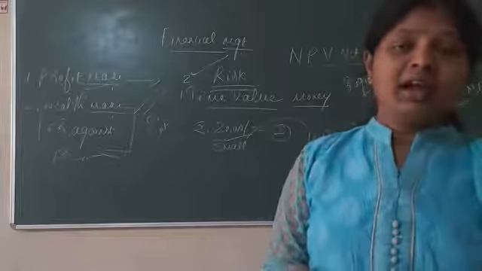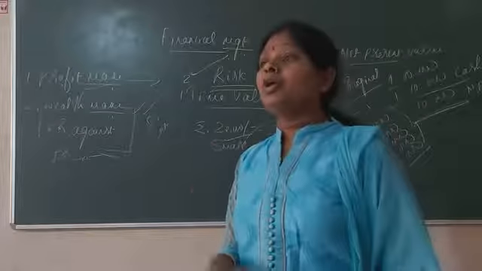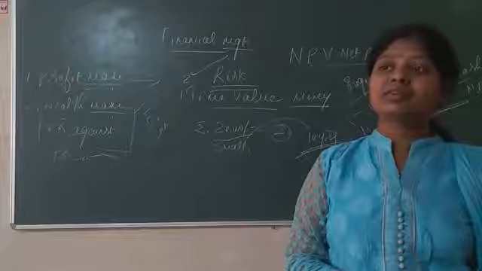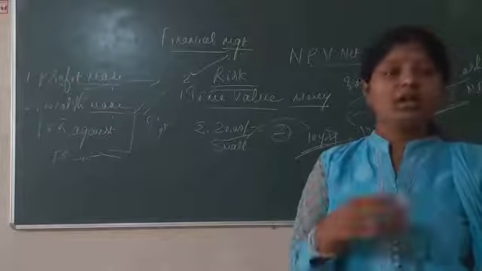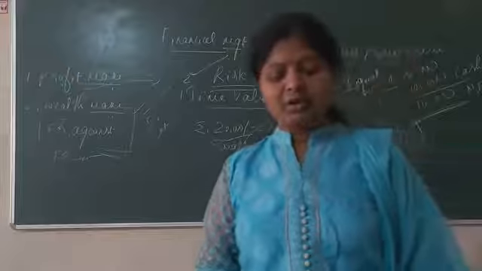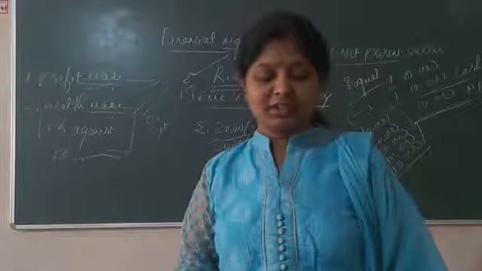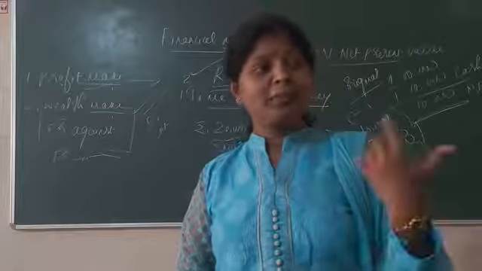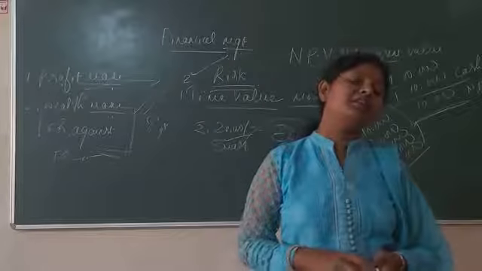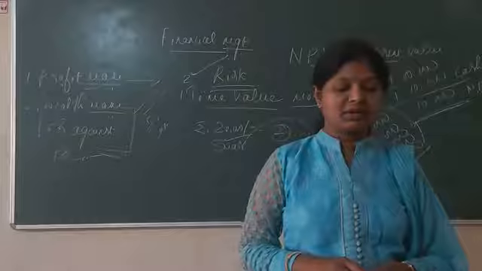And some technical factors here: the wealth maximization concept takes into consideration manpower resources, machinery, technology, goodwill, and the name and fame of the business entity. These are all the concepts taken into consideration in wealth maximization.